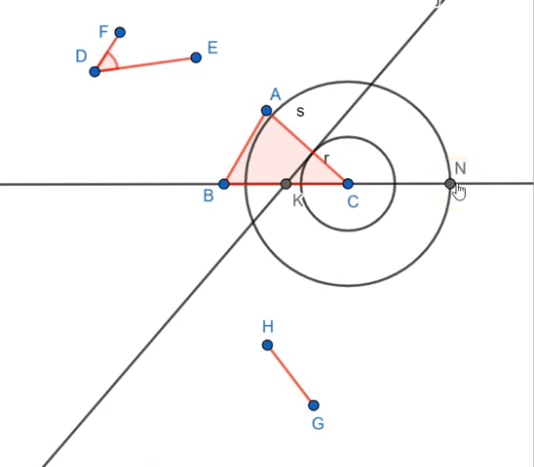So let's say N. Now again we draw a circle with N as the center and FE as the radius. Again we are interested in the intersection point of this circle and the smaller circle, and only one of them. Okay, let's say O.